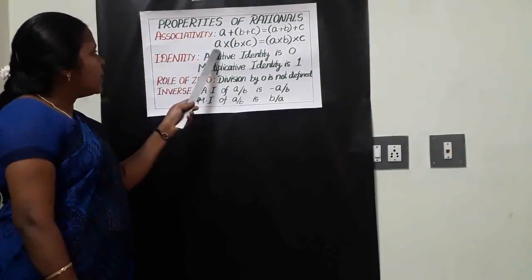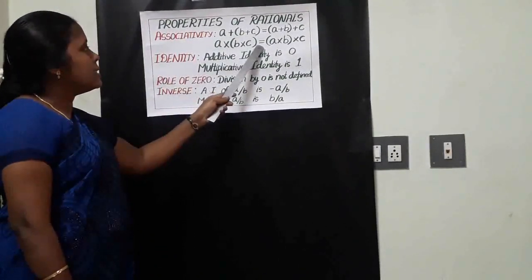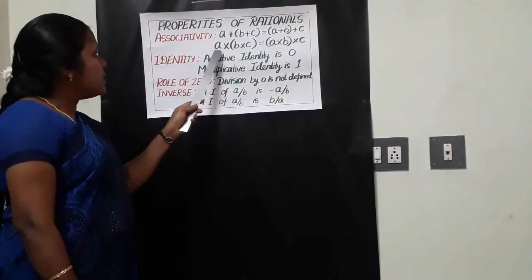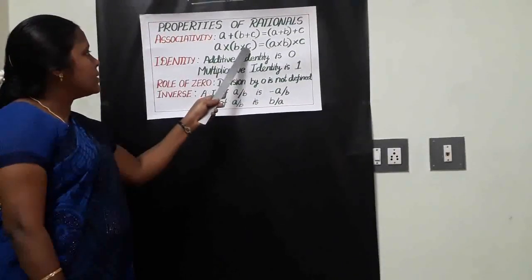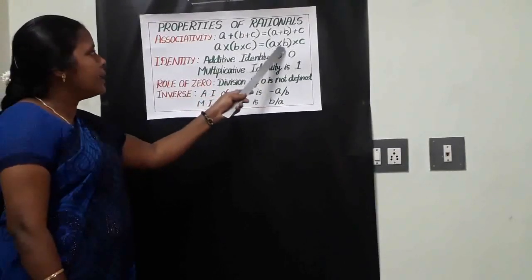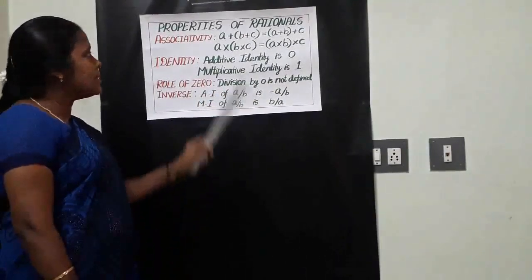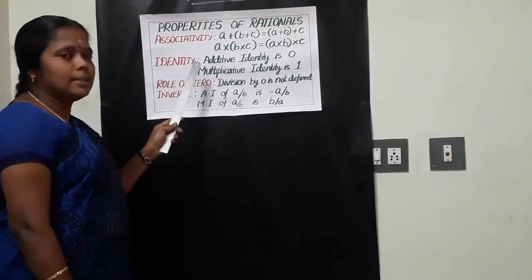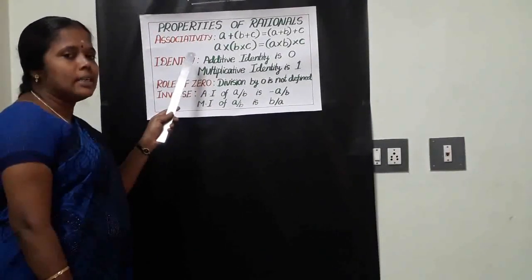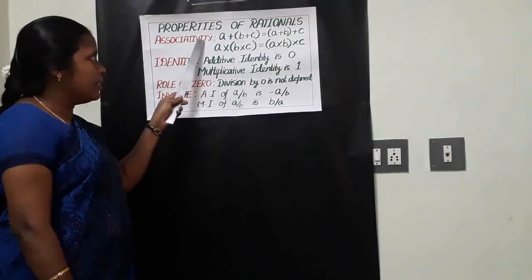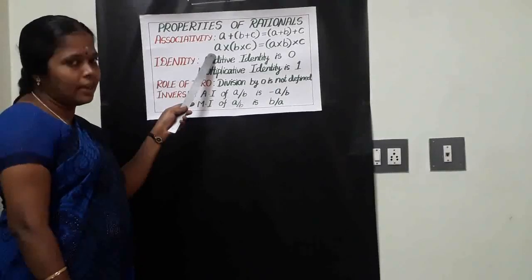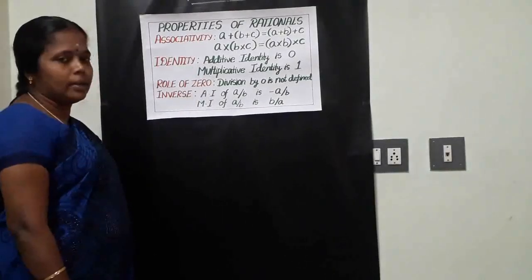Second one, (a × b) × c is equal to a × (b × c). This is under multiplication. Actually, what is the meaning? In general, we can add the rational numbers in any order, and we can multiply the rational numbers in any order. Clear, children?